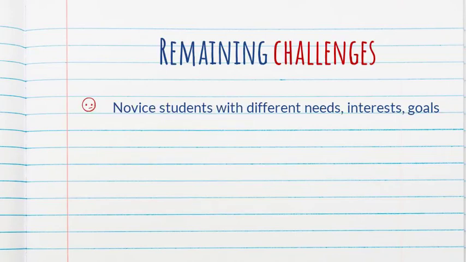What do we do when we have novice level students who have different needs, different interests, different goals? And the other question has to do with the expertise of the instructor. Does the instructor need to have expertise in both language pedagogy as well as the content?